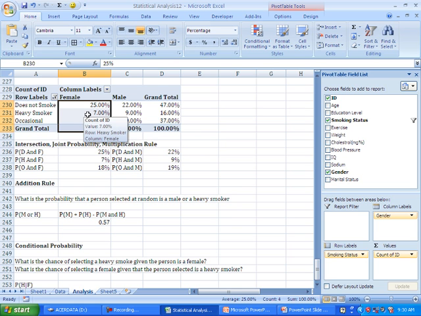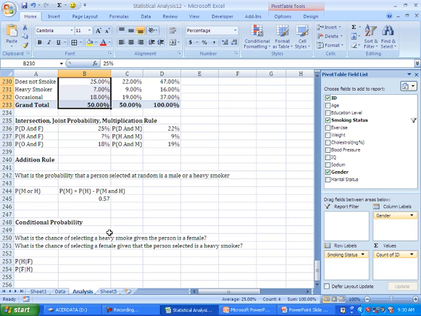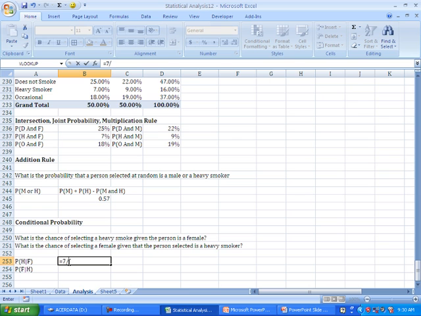There are 7 in this group out of this 50 who are heavy smokers. So this goes with 7 by 50, wherein there is a 14% chance that if the person selected is a female, that person may be a heavy smoker. There is a 14% chance of selecting a heavy smoker if it is known that the person selected is a female.